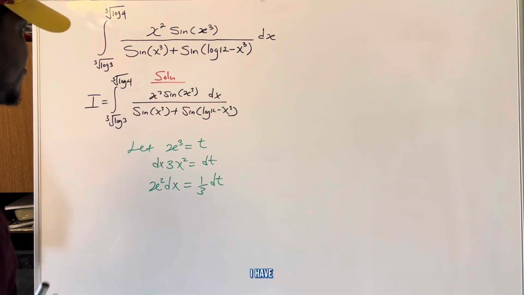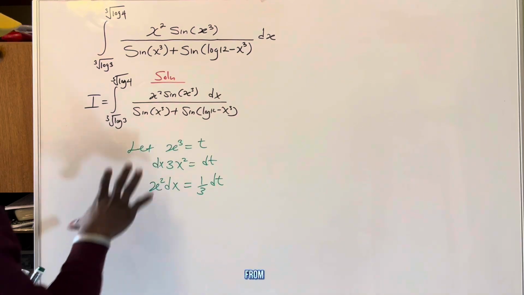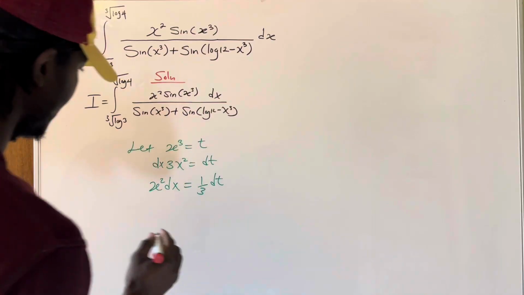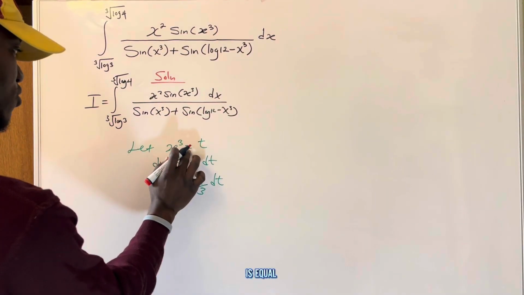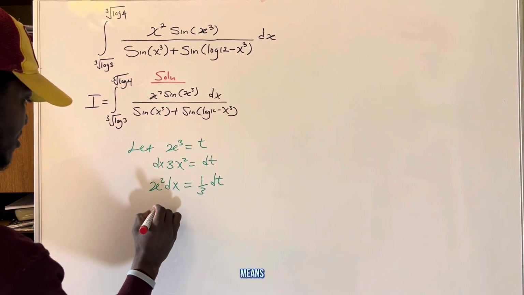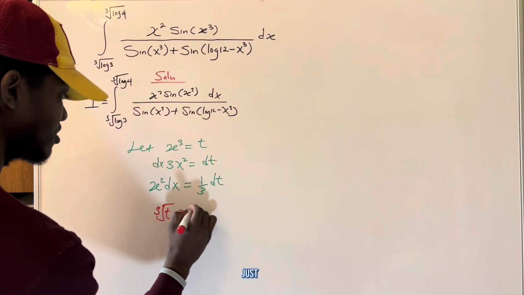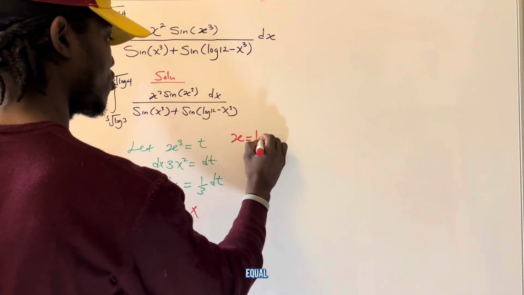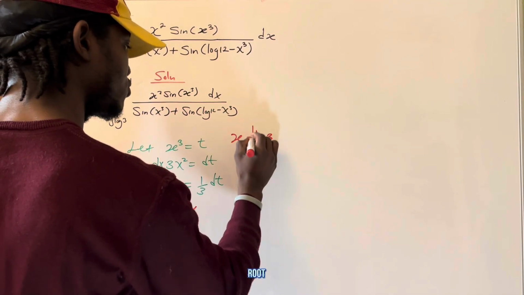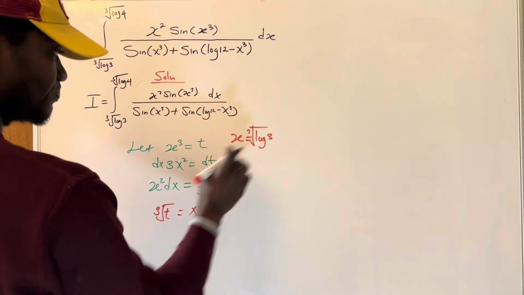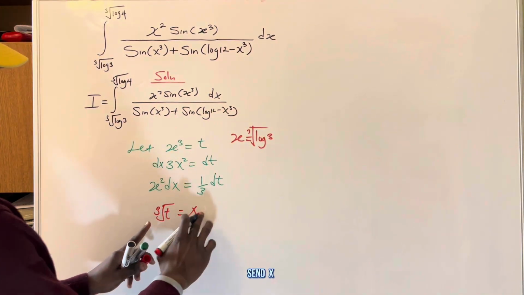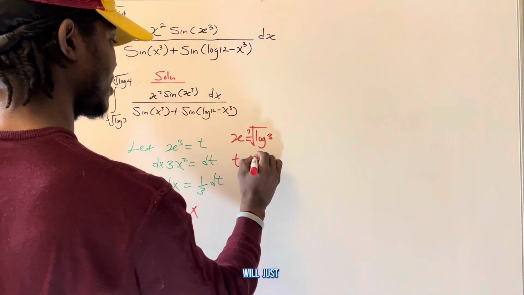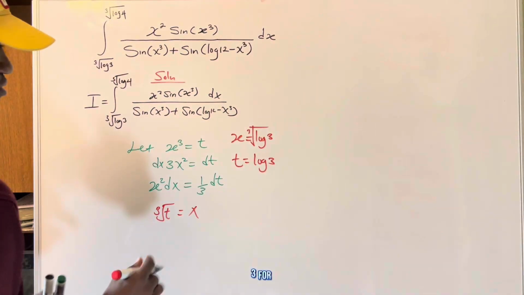The next thing here is I have to change the limit of integration from the x world to the t world. So what's going to be that? If I have x cubed is equal to t, that will mean that the cube root of t is just equal to x. Now remember, when x is equal to the cube root of log 3, t will just be log 3 for the lower limit.